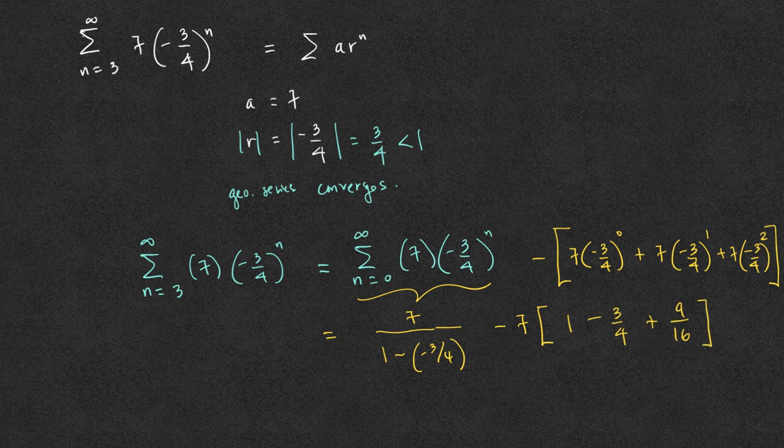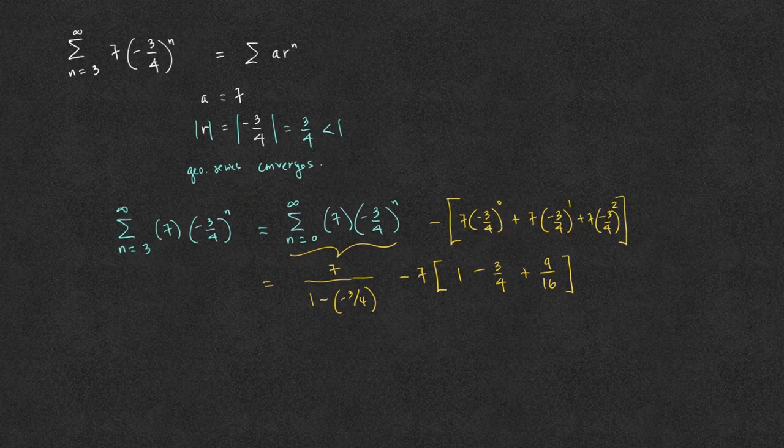We then simplify this expression. 7 over 1 minus negative 3 over 4 is 7 over 1 plus 3 over 4. Minus 7 times 1 minus 3 over 4 plus 9 over 16, which is 13 over 16.